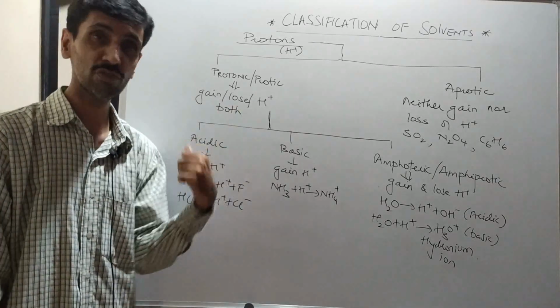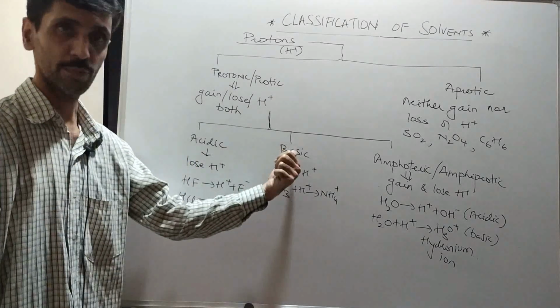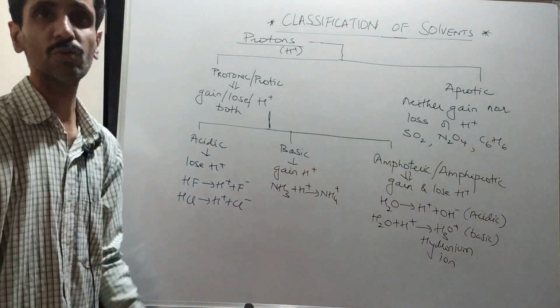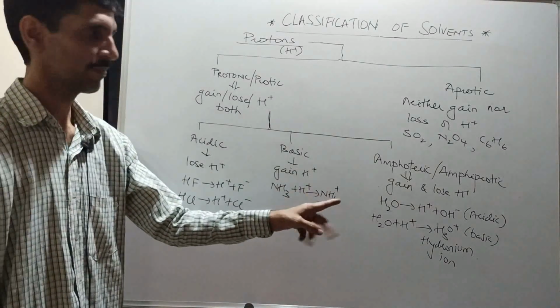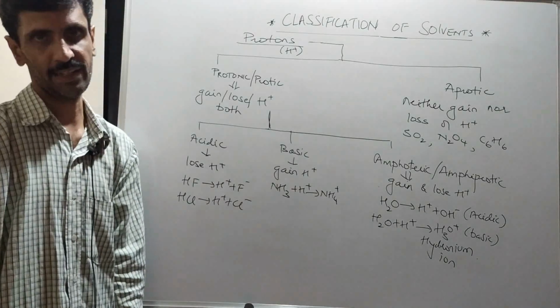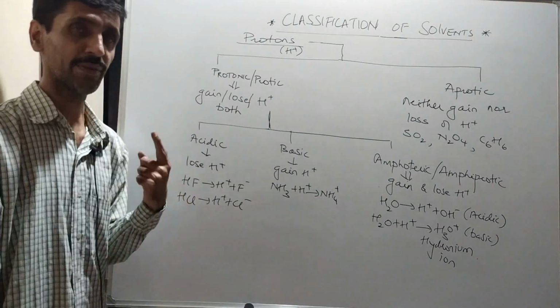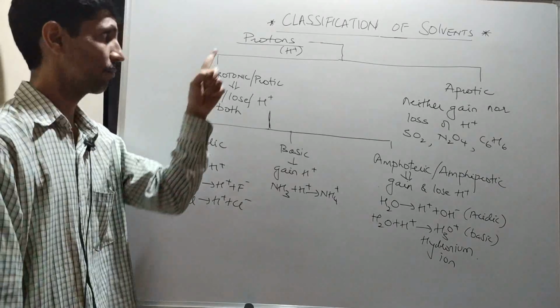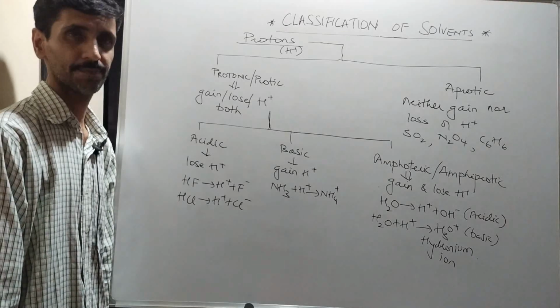Either it is going to lose a proton, that is going to be acidic, or it's going to gain a proton, so that's going to be basic, or it's going to gain proton as well as lose proton, and therefore it becomes amphoteric. All right, so this is the classification when we consider the first part based on protons.